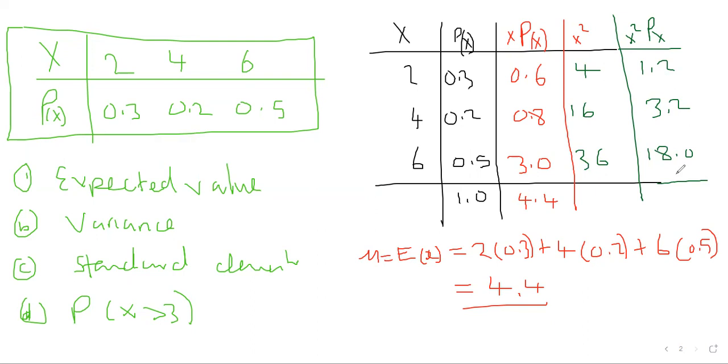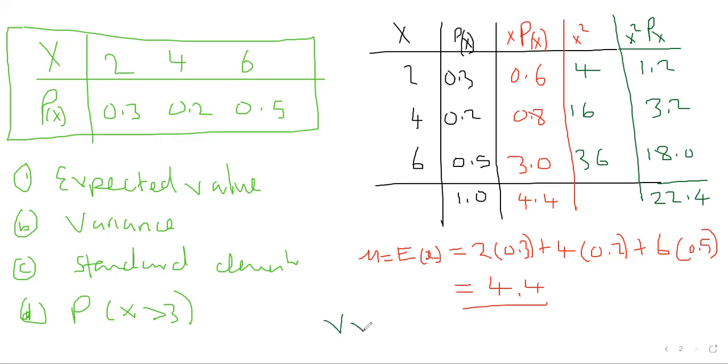So you total up this column. What do we get? We add up here and we get 22.4. This is not the variance, but when we subtract the square of the mean from the summation of X squared times probability, that is what we call the variance.